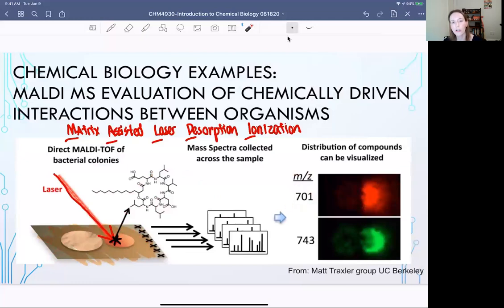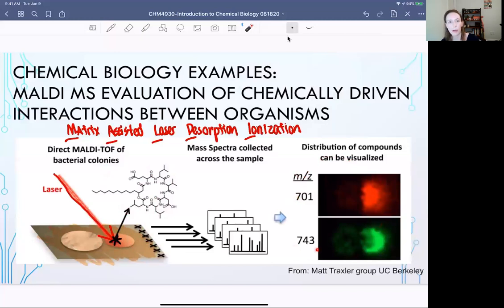That's referring to the ion that was present related to this molecule. Then we can look at where that molecule is physically located. Based on this heat map, it was physically located toward the right-hand side of the plate, suggesting that it's produced by the bacteria that's here schematically on the right-hand side of the plate.